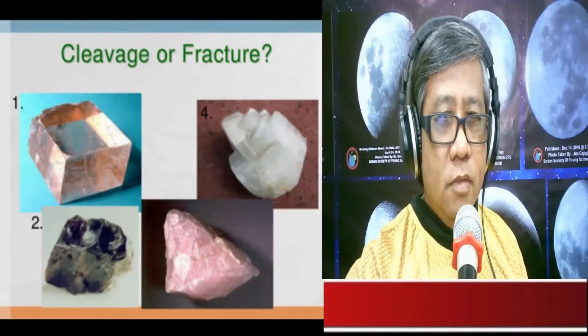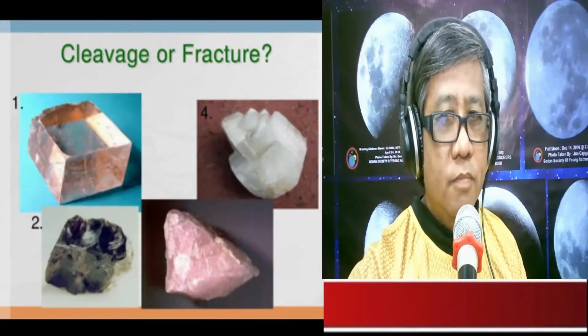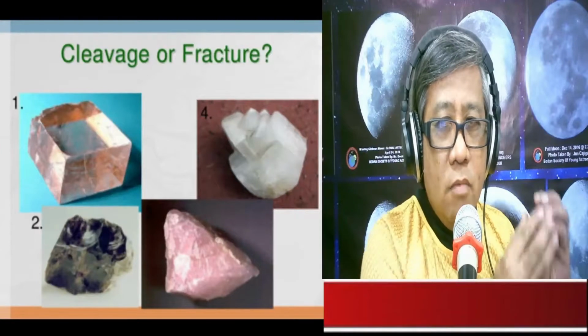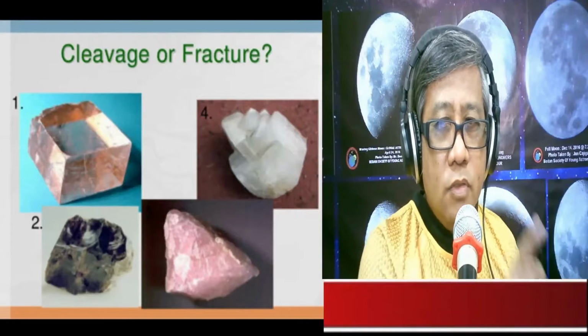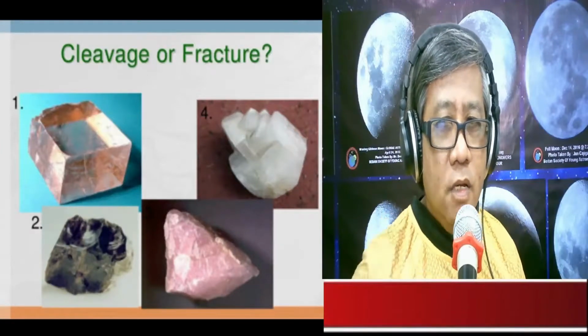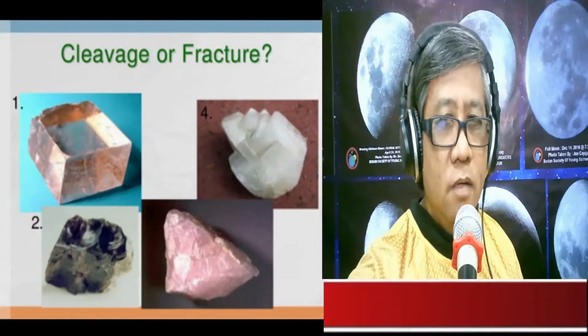So I hope everything is clear about cleavage and fracture. So again, everybody look at number 1. That mineral number 1 exhibits cleavage. So when a mineral breaks with smooth surfaces, that mineral exhibits cleavage.